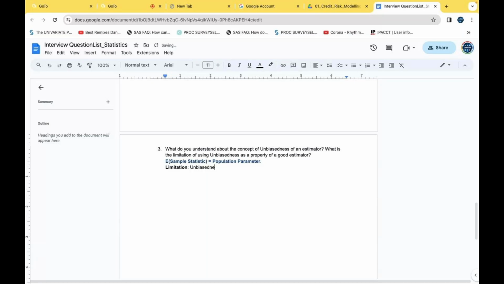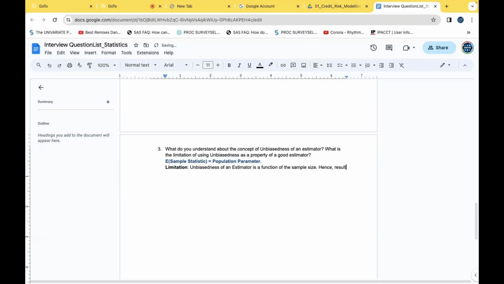Unbiasedness of an estimator is a function of the sample size.